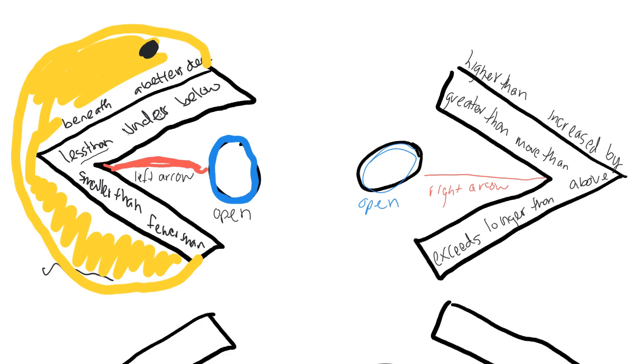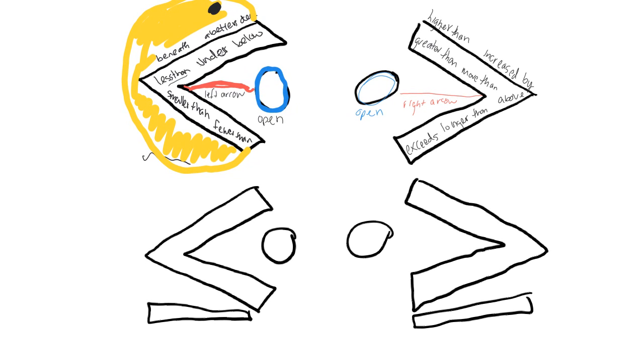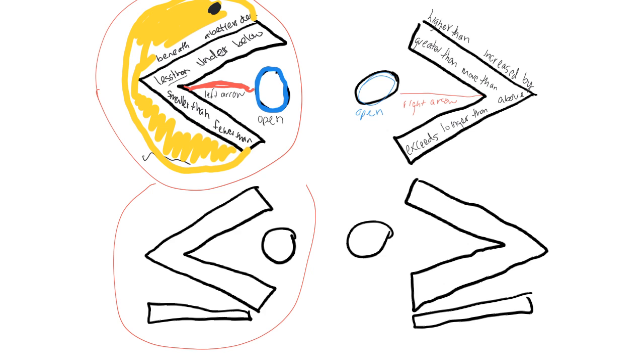Okay, I want you to look at these two inequality signs down below. Think about what's really the difference from this one to this one. I hope you're thinking the only thing different is this bar down here. That bar does represent something.